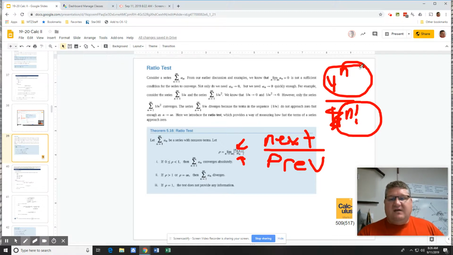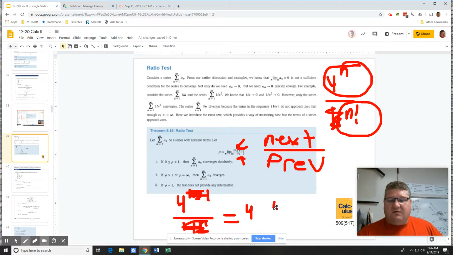What is the next term after 4 to the n? It's 4 to the n plus 1. And if I divide that by 4 to the n, what is super nice that happens here? How many more 4s are in the top than in the bottom? I get rid of n of them out of the top and n of them out of the bottom, leaving me just 4. That's super nice.